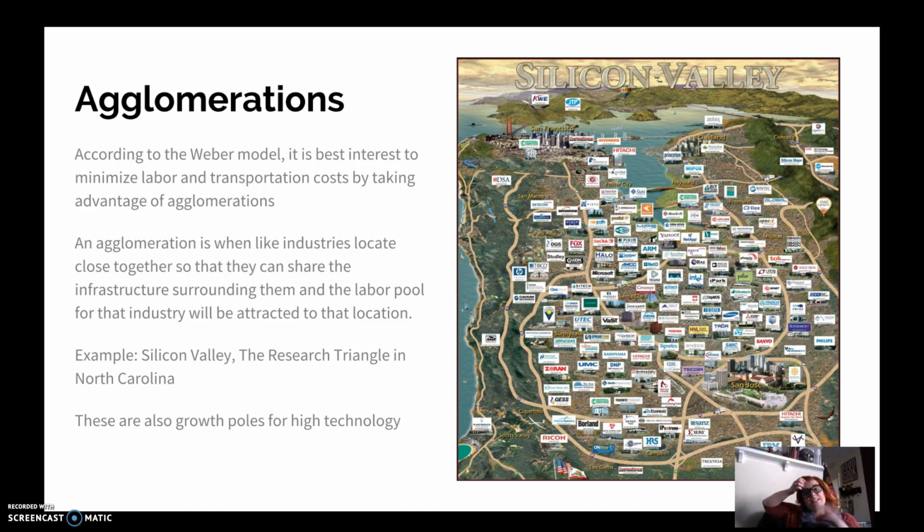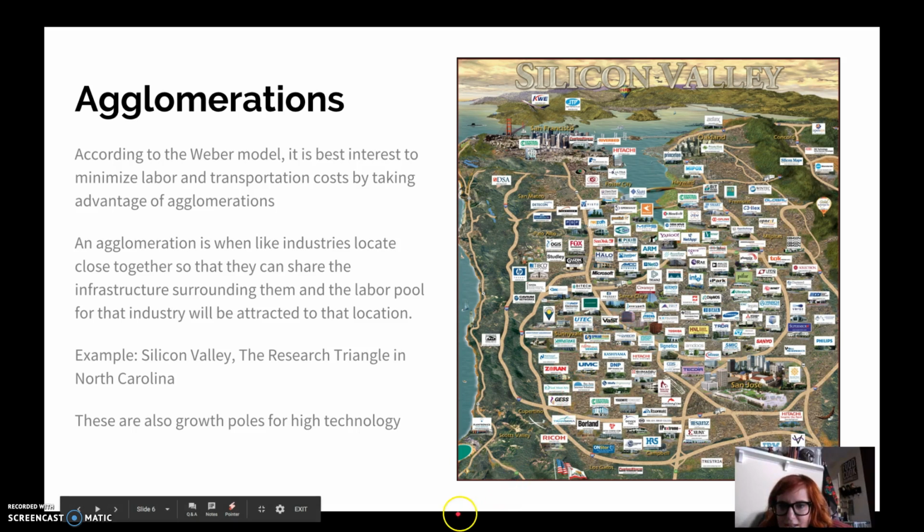An example is Silicon Valley, okay? Right over the hill is where a bunch of tech companies exist, right? Google has a headquarters there, and Yahoo, and this map shows all of the different tech companies that are close together.